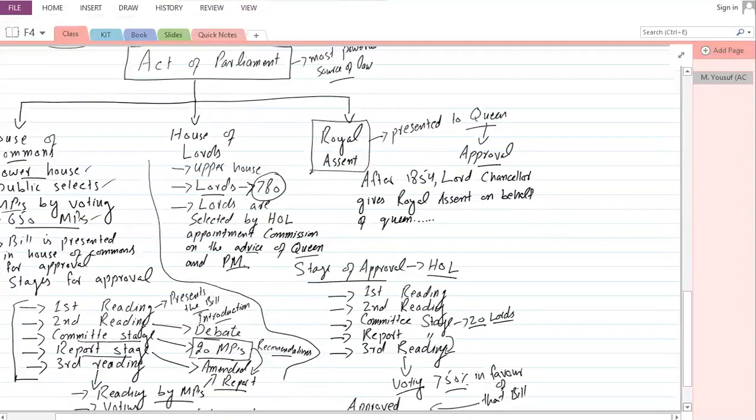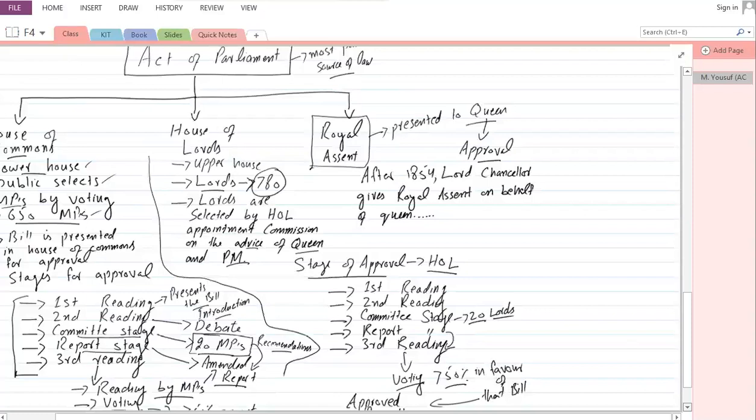We were discussing how the bill gets approval from the parliament.